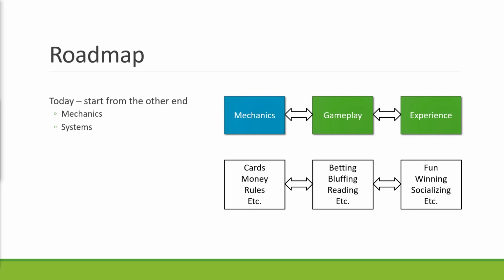And this is where we are going to end lecture 2. Today we've covered mechanics, so the material elements of game design. These are the objects and the actions and the rule sets of games. We looked at the sheer variety of them. We looked at the differences between explicit and implicit mechanics.